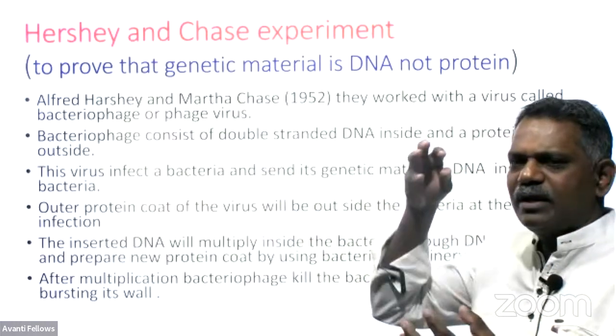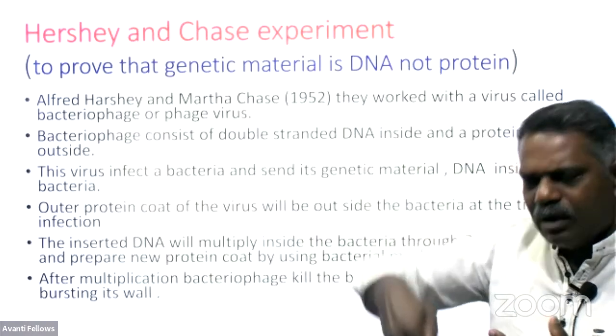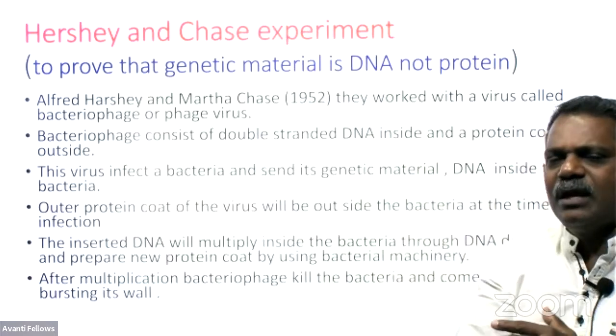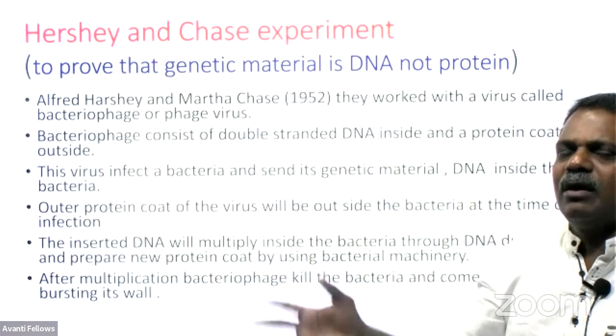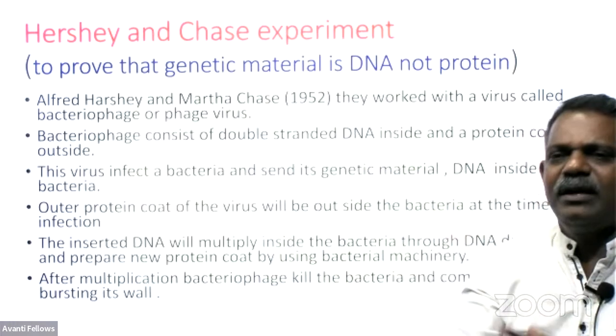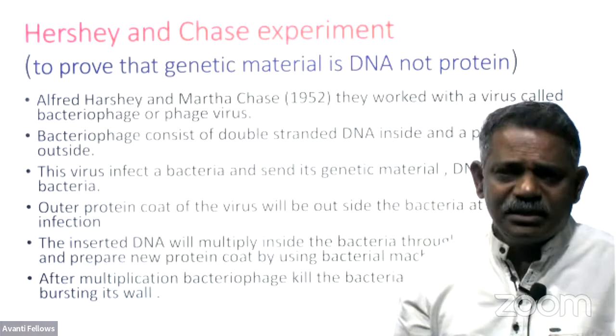Whenever the bacteria is infected with this virus, it sends only the genetic material, the DNA, inside, and the protein part remains outside. It does not take the protein inside. How does it multiply its number in the bacteria?